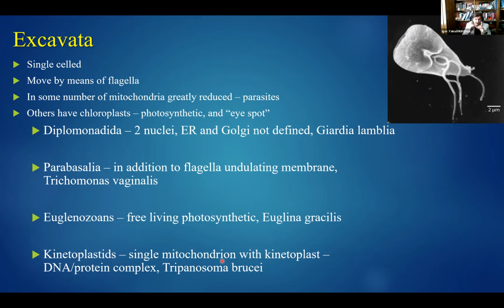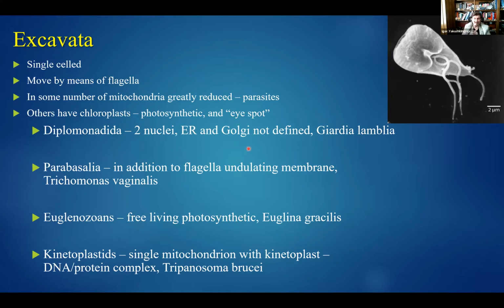Why is it very important? Usually those particular creatures, the ones with the undulating membrane, live in a more viscous environment than just water. Trichomonas vaginalis lives inside the vagina, in the mucus of the vagina.